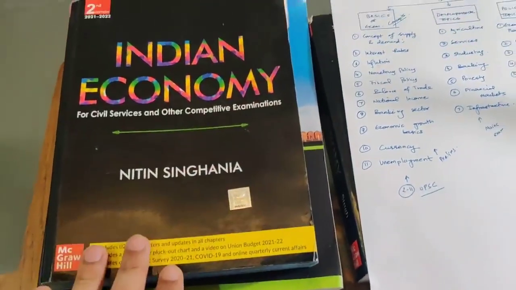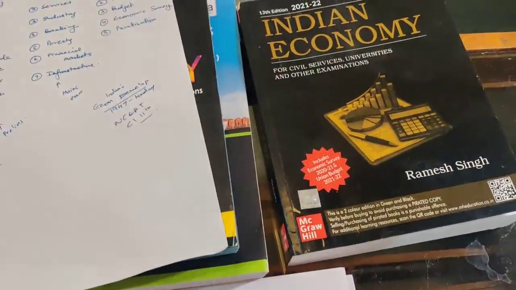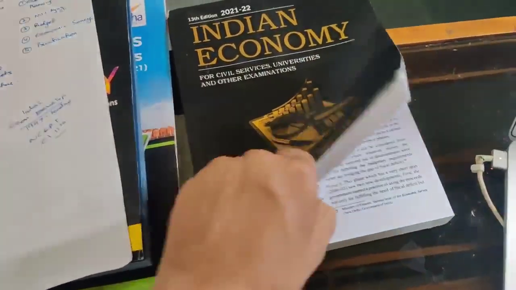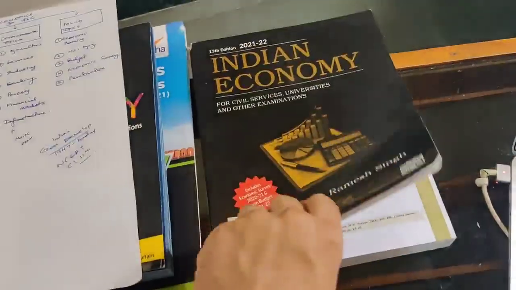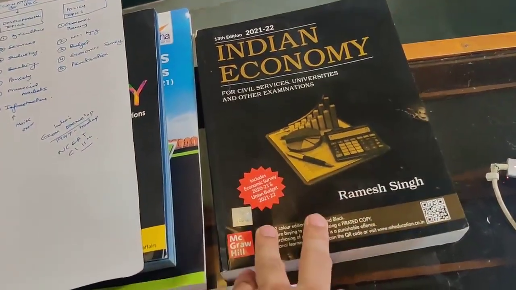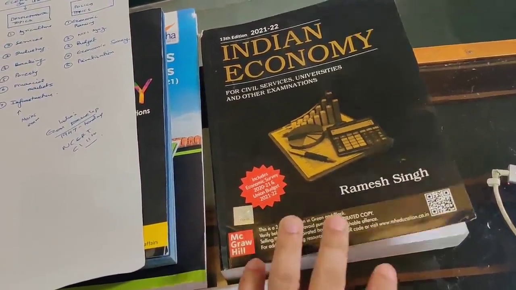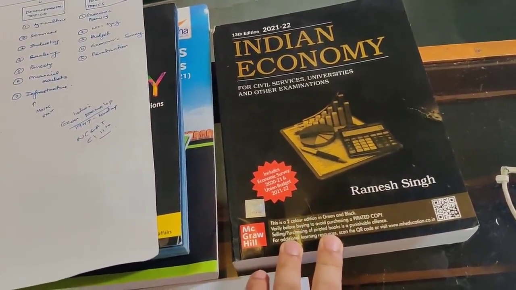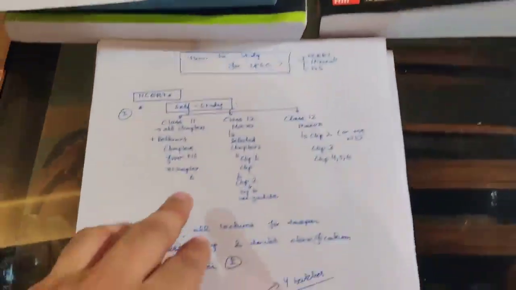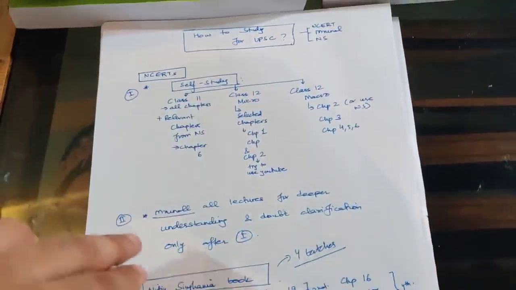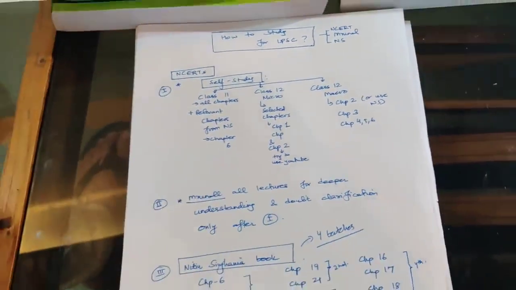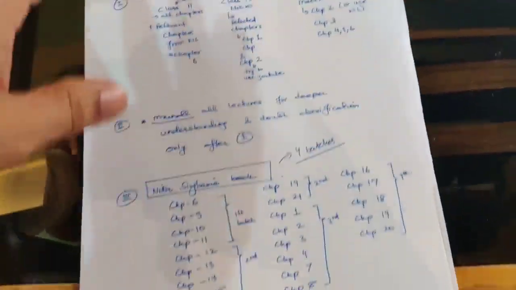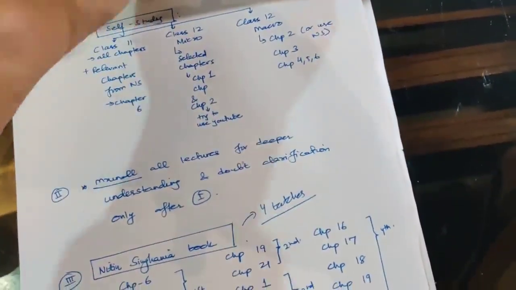I recommend this Nitin Singhania book over the Ramesh Singh book, because the Ramesh Singh book is very banking oriented. It is very intense, a very deep dive book. And if you start reading this as a non-economics or non-commerce student, you will find it very difficult to cover all the topics. I therefore recommend that first you read these NCERT books, then study the Mrunal lectures, and then if something is left that you need to cover, only then should you come to this Nitin Singhania book and cover it.